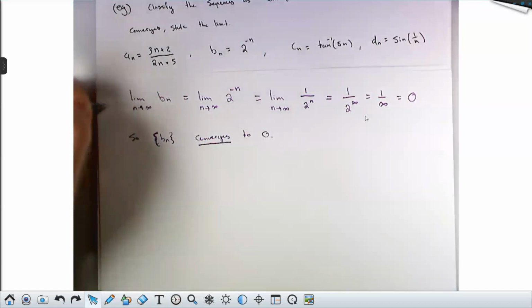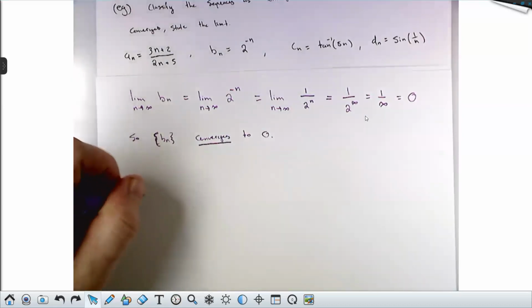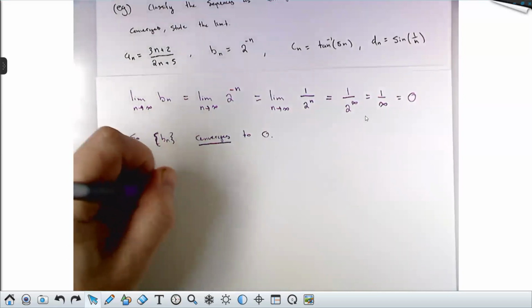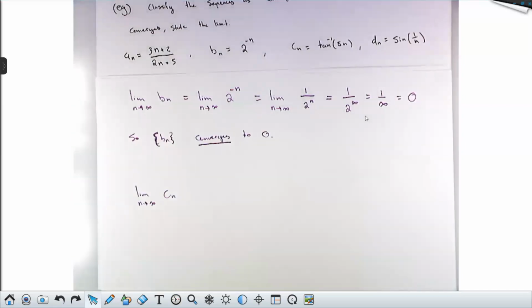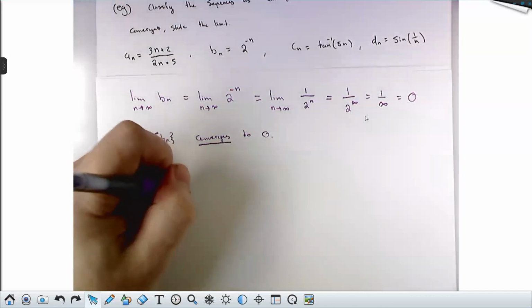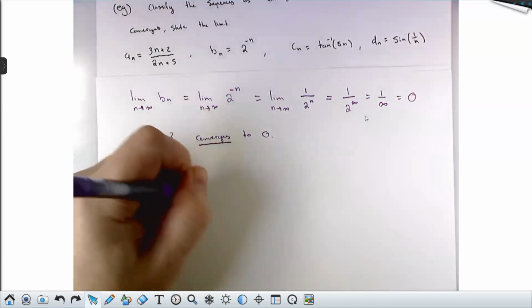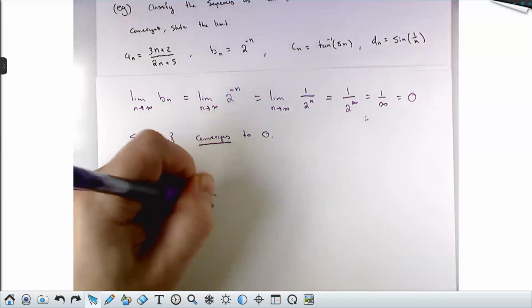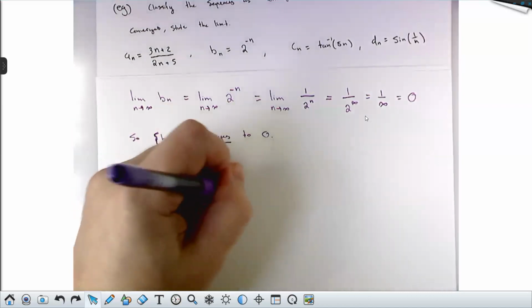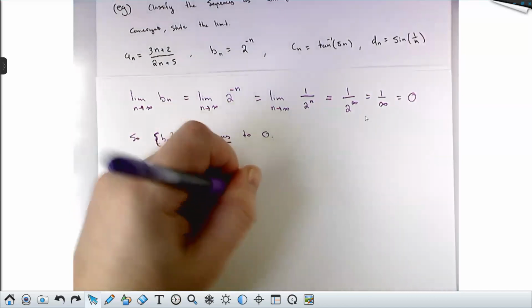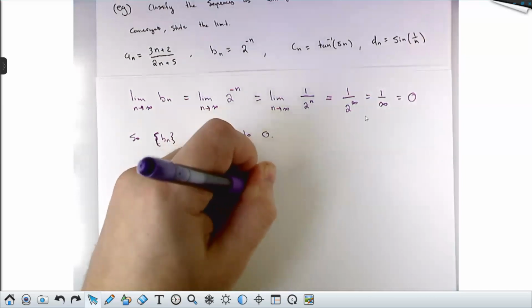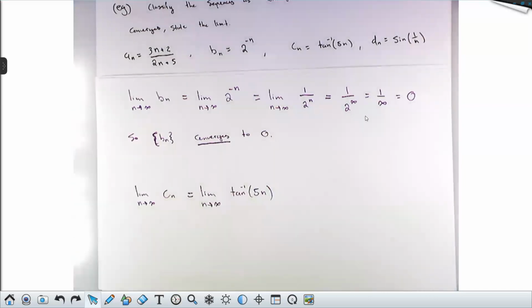Okay, moving on. The limit as n goes to infinity of the next sequence, which we call Cn. That would be the limit as n goes to infinity of the inverse tangent of 5n. Here you need to think a little bit.